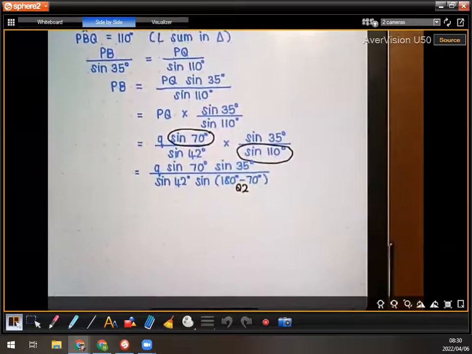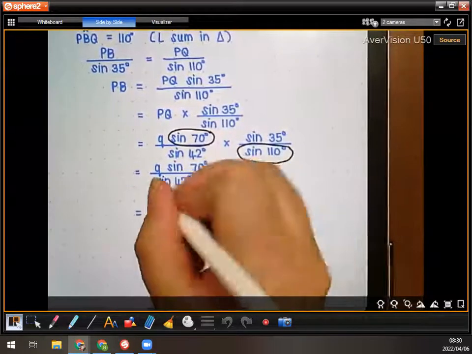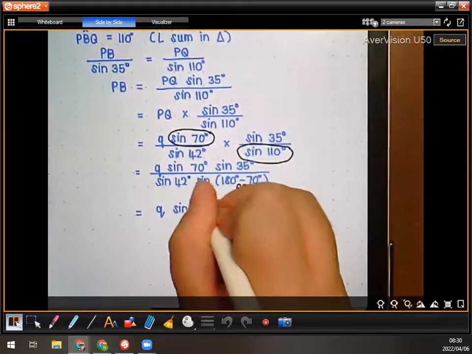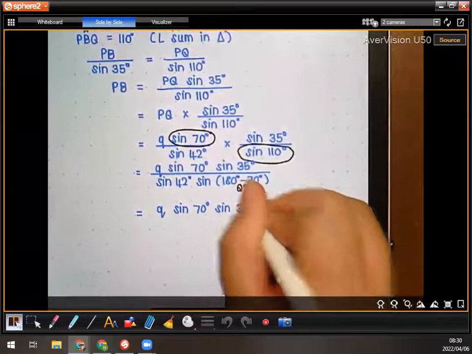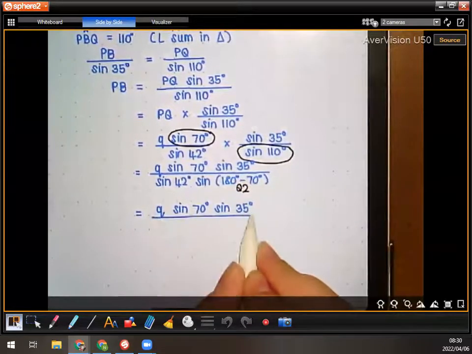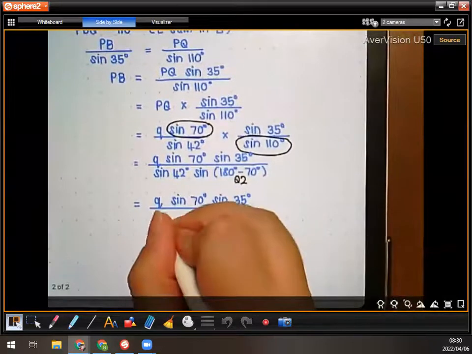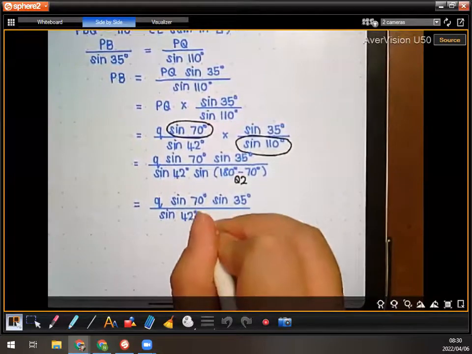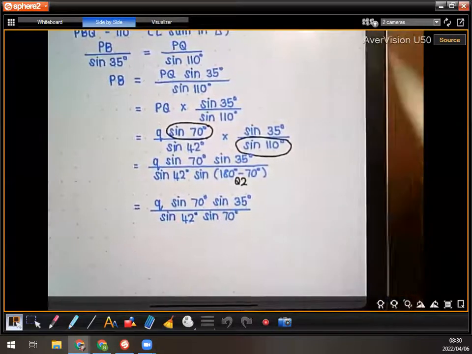Okay, so it's quite a lot of writing, but they do want to see in matric finals, they want to see all of those steps. They actually give marks for all of those separate steps. So again, we have Q sine 70, sine 35 over sine 42, sine 70, and now you can cancel those out.